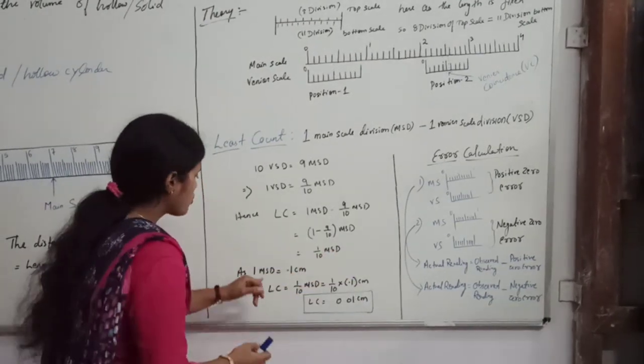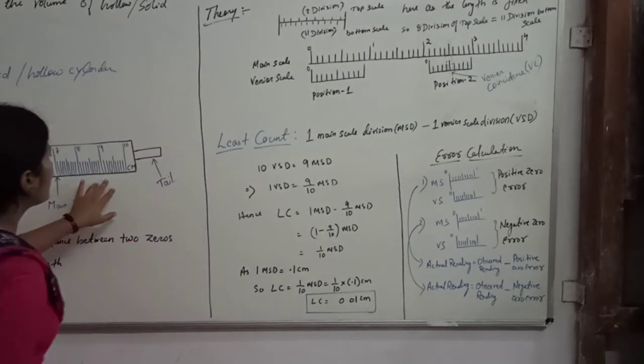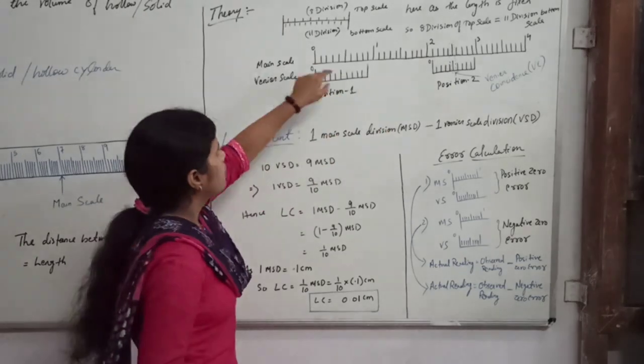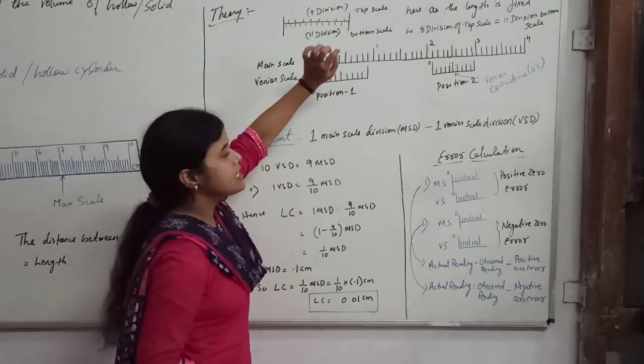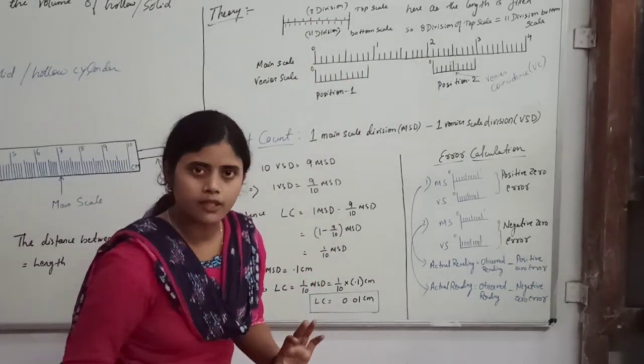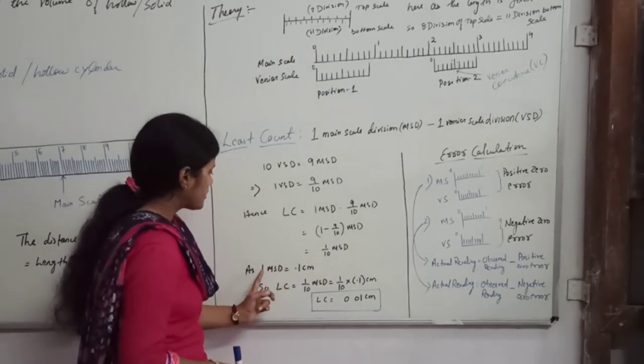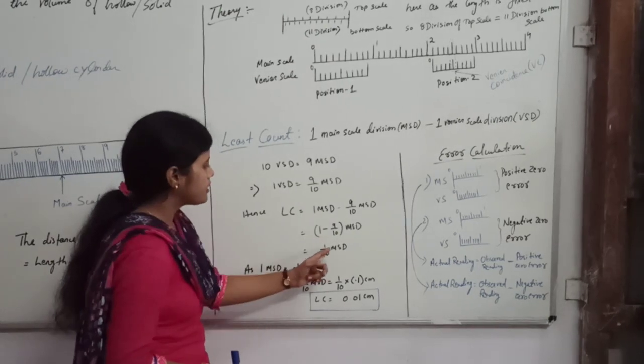centimeter. So we know that our main scale is very similar to the normal centimeter scale in which one division is equivalent to 0.1 centimeter. So what I will do, I will multiply this 0.1 centimeter with this 1 by 10.